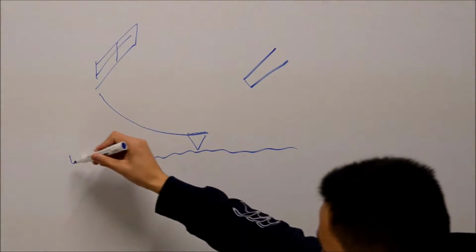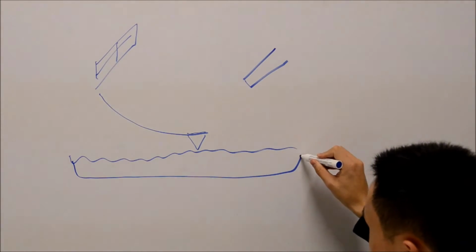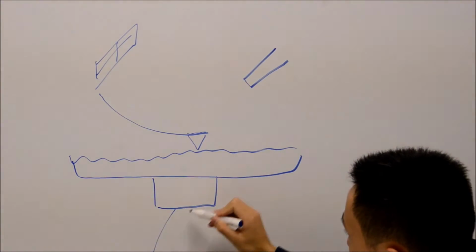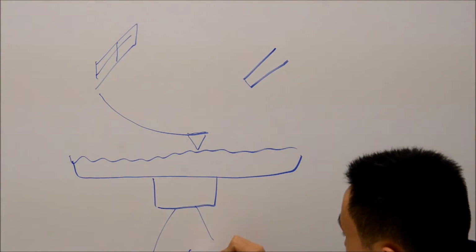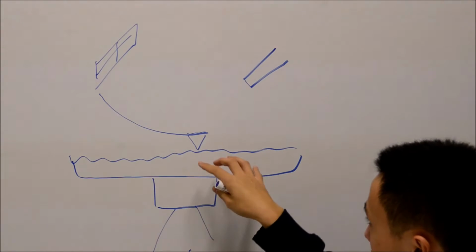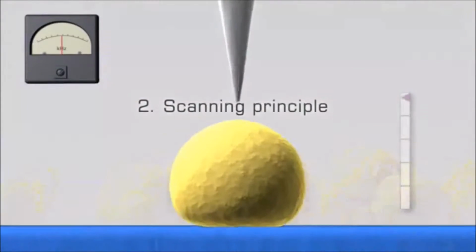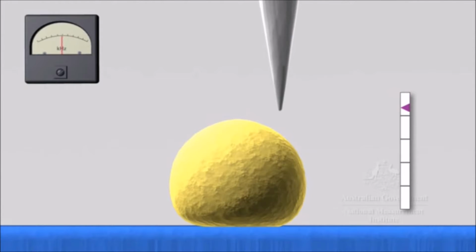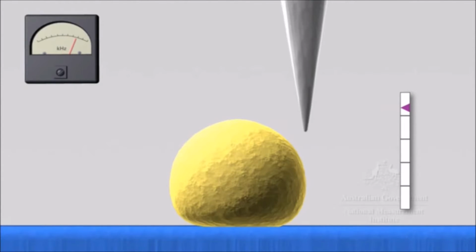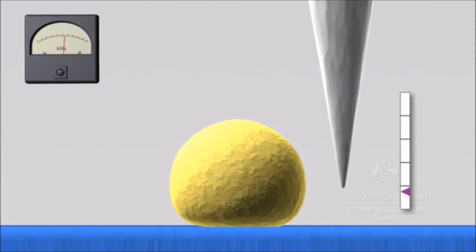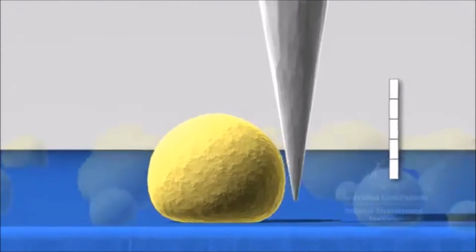This surface rests on a silicon plate which is connected to a piezoelectric crystal, and when that is connected to an AC current, it moves the surface side to side and up and down. This chip is typically made of silicon or silicon nitride and has a sharp apex measuring only nanometers across. It is this nanoscale chip that gives such a high resolution to the image and allows such a large magnification.